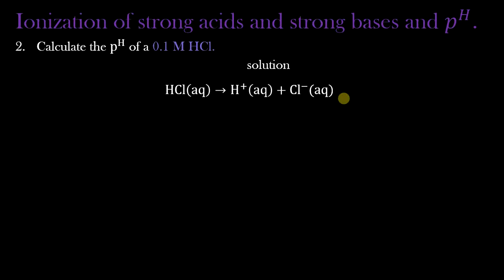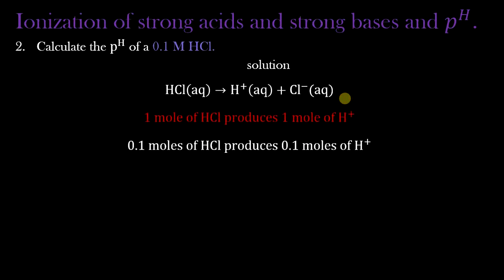So this means since 1 mole of hydrochloric acid produces 1 mole of hydrogen ions, it implies that the molar concentration of hydrogen ions will be the same as the molar concentration of the HCl, which is 0.1 moles per decimeter cubed.